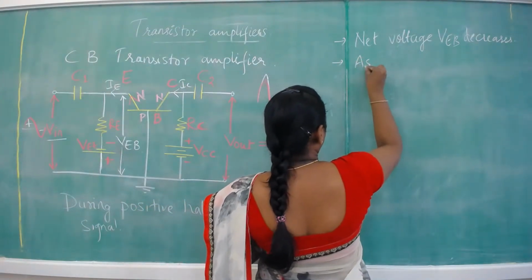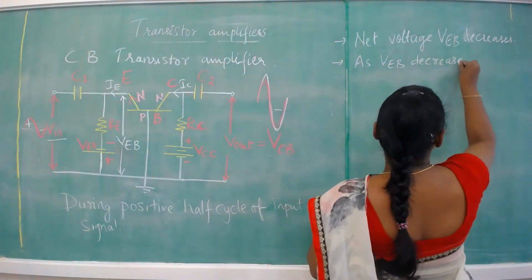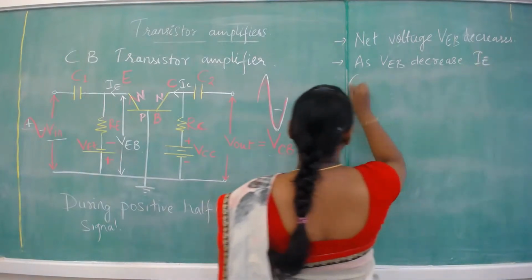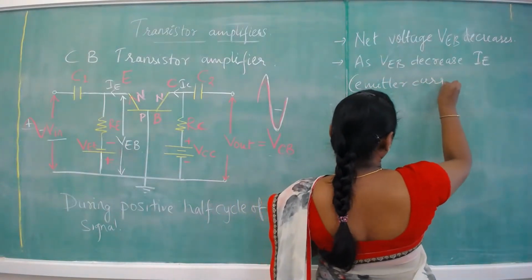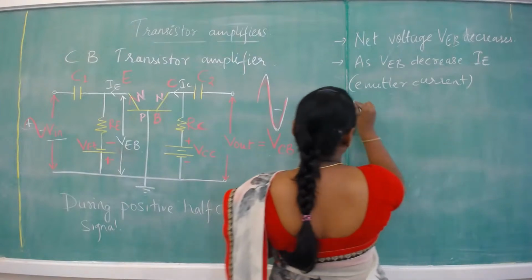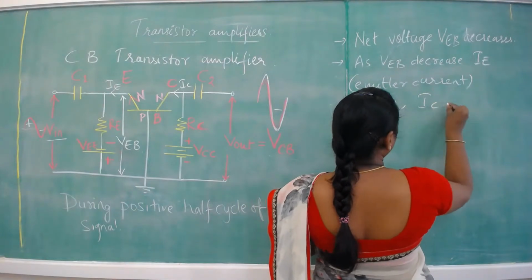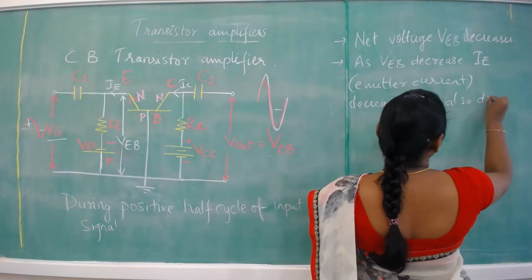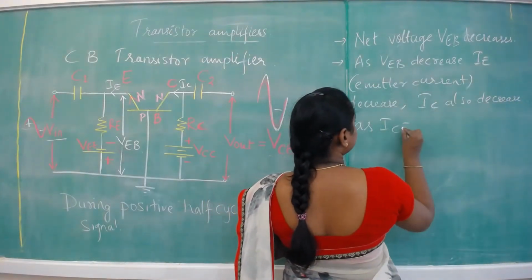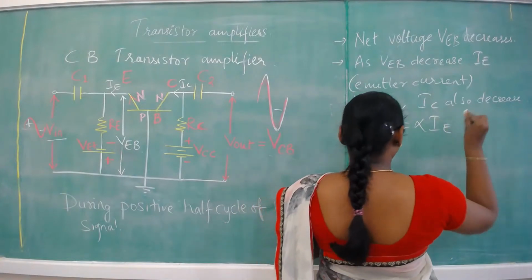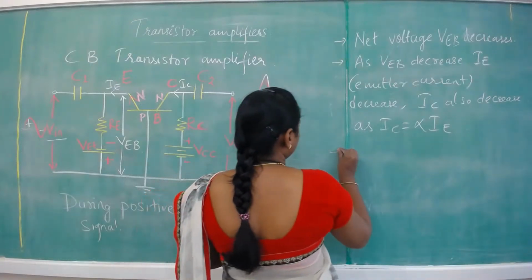As VEB decreases, IE, emitter current, decreases. IC also decreases, as IC is equal to alpha times IE. Okay, IC has decreased now. So what happens?